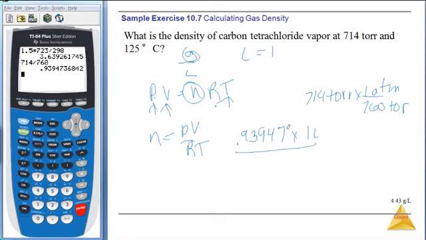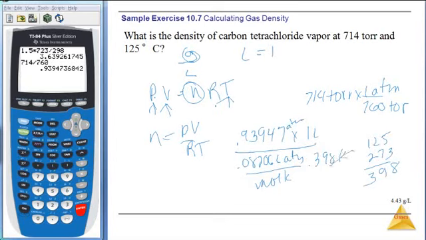This is atm. My R is 0.08206 liter atmospheres over moles K. And my T is 125 C. If I add 273 to that, I get 398 K. My K will cancel, liters atmosphere will cancel, and I'll end up with units of moles.